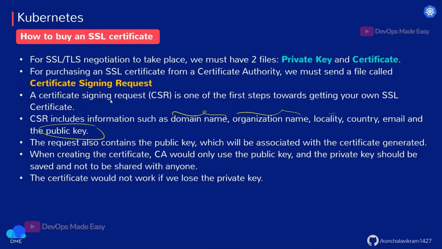Clear? And of course you should not share your private key. Your CA doesn't require your private key, it only requires your public key. You should keep your private key safe, because if you lose it, your certificate won't have any value. Clear?